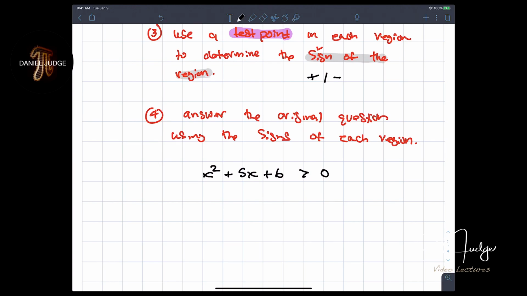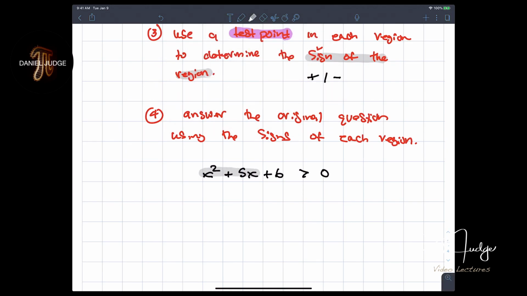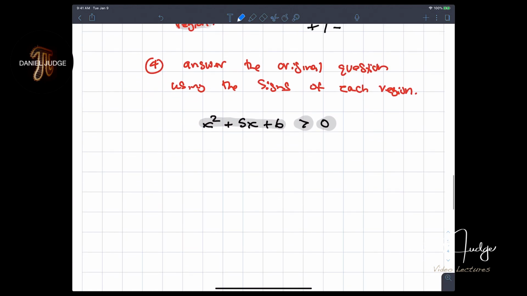Now, in order to answer this question, what this question is really saying is, where is this quadratic bigger than 0? And I want you guys to know, here's a definition. Here's what we say. A is positive if and only if A is greater than 0.